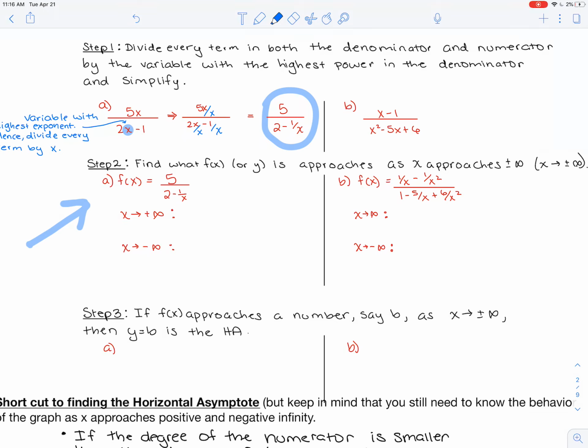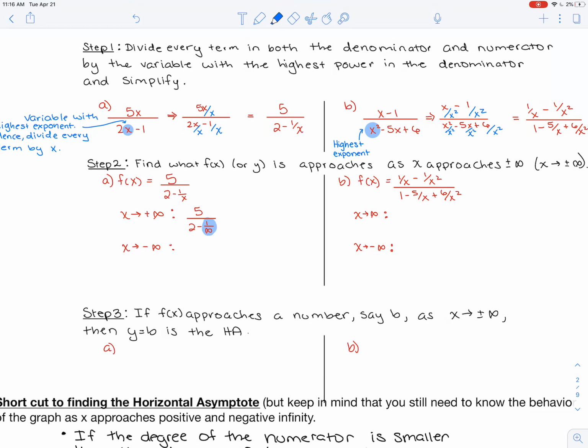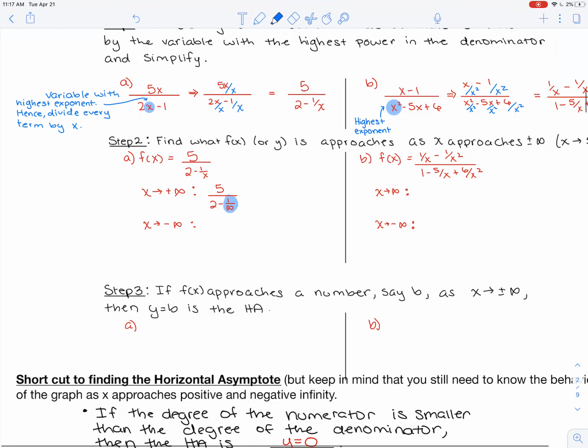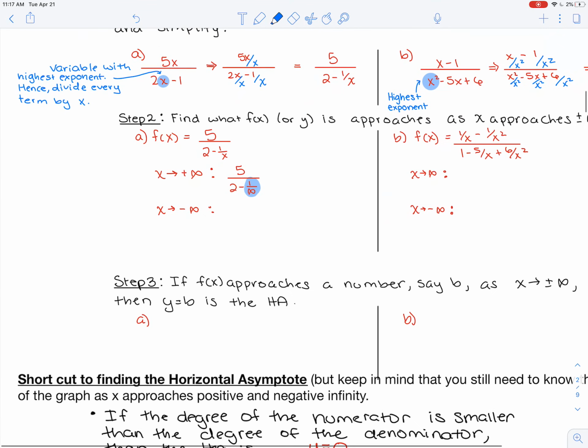When you go on to calculus, you do all this in your head. But because you haven't seen it before and these are your notes, we're actually going to plug it in. So if we plug in our infinity, we get 1 over infinity, and it's highlighted so you can see where I'm at.